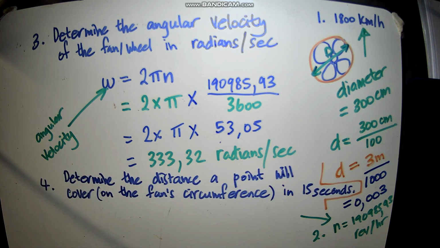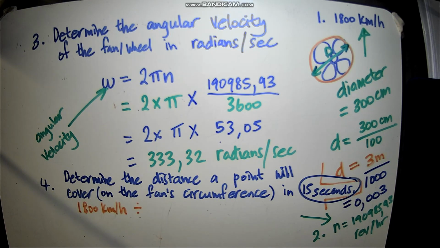Right, the next question says determine the distance a point will cover that is on the fan's circumference in 15 seconds. Now notice we have the speed in number 1 and we have seconds. In number 1's answer it was in kilometers per hour, and here they are now talking seconds. This means you're going to have to convert the kilometers per hour to kilometers per second.